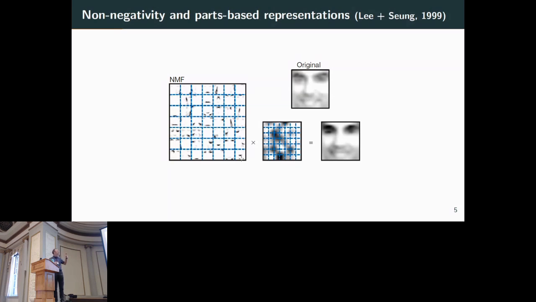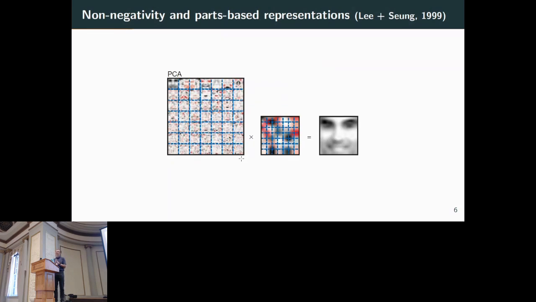And you might say, well, does it really work? I think when you contrast it with what principal components analysis does, you can see that it's definitely doing something different and arguably more interpretable, a more interpretable parts space. So this is what PCA does. PCA also represents each face as a decomposition, a sum of things.